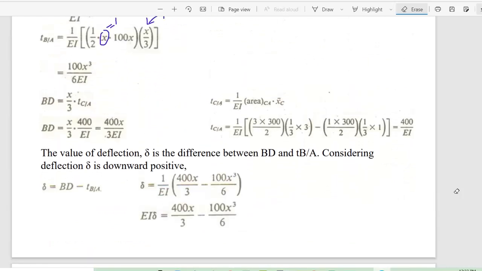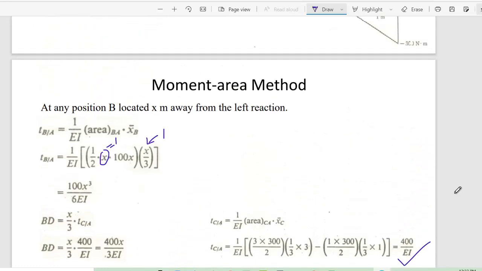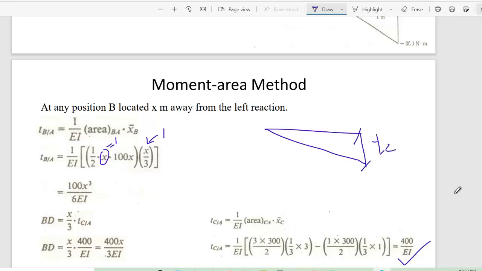So we can easily calculate theta C by A. Now for this situation, you already know theta C by A, and that would be your BD, where this is your delta max, but you don't know what your BD is. But because you know theta B by A, you can develop an equation with respect to x.